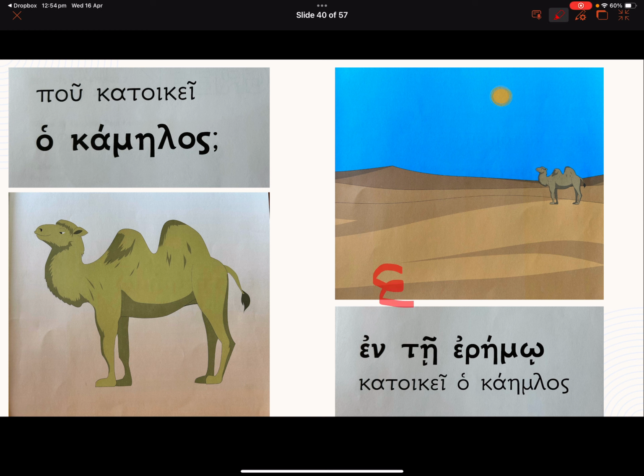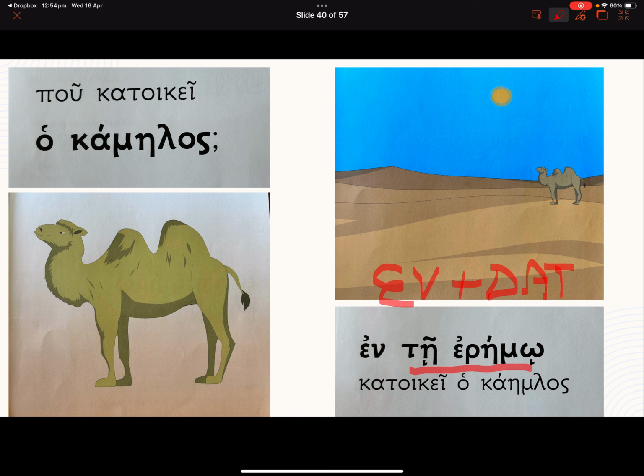En is always followed by the dative, en plus the dative. And you'll see here that the word that comes after en is in the dative. Te eremo. This is telling me that it's in the wilderness or in the desert. In the desert lives the camel.